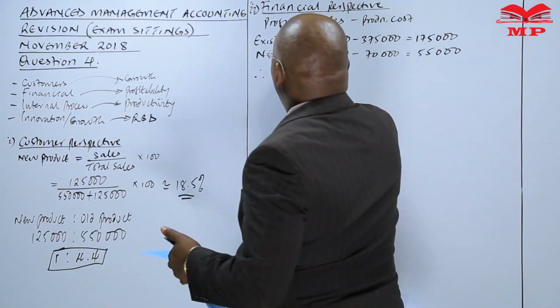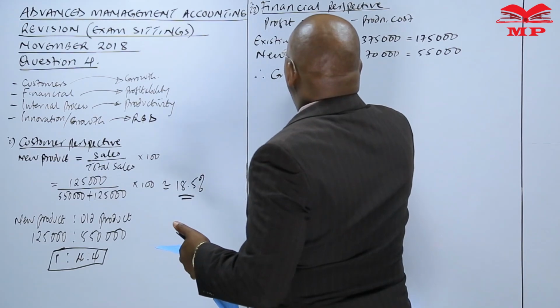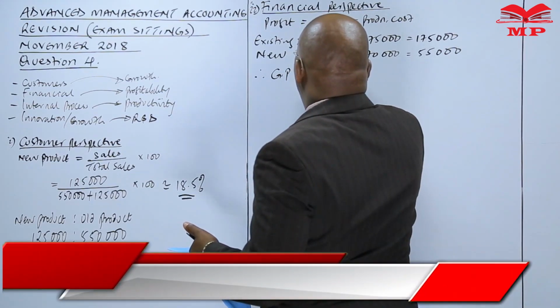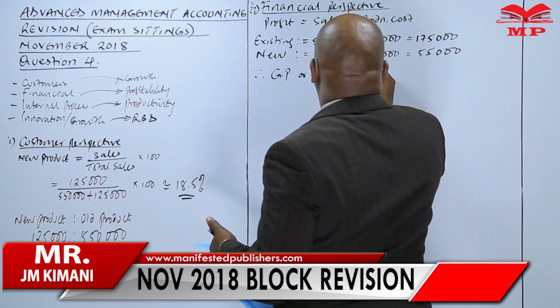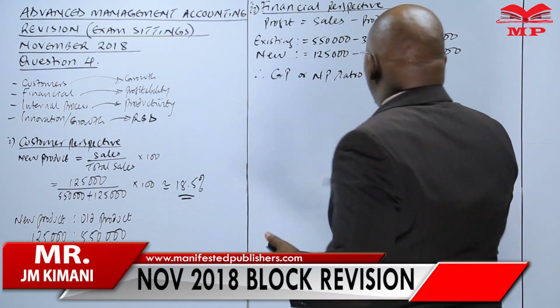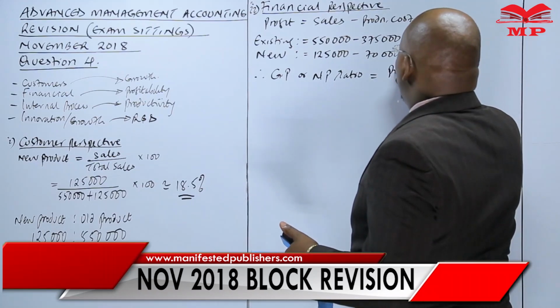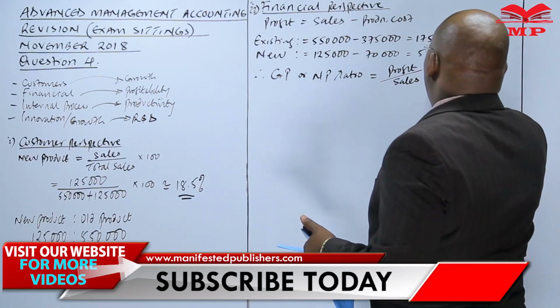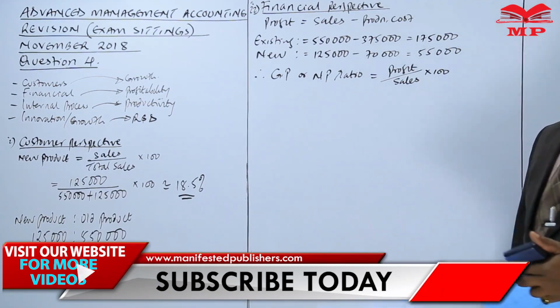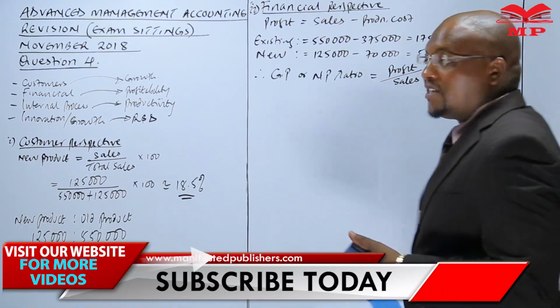So therefore the gross profit or just net profit ratio, this is giving the profit divided by the sales times 100. If you want to get that ratio or margin, profit over sales times 100.